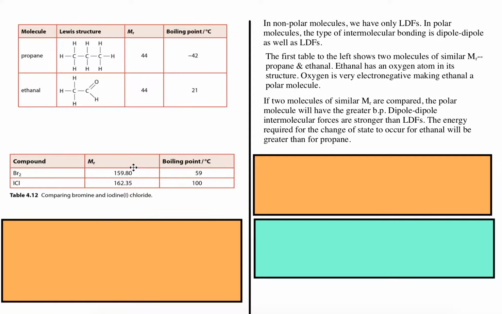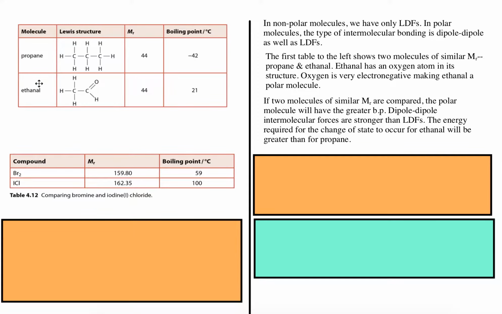Molecular masses similar, bromine nonpolar, iodine chloride polar. Great! The trend for boiling point holds. So once again, I'm comparing different types of molecules, but they're similar. They both have halogens. They both have similar molecular masses.